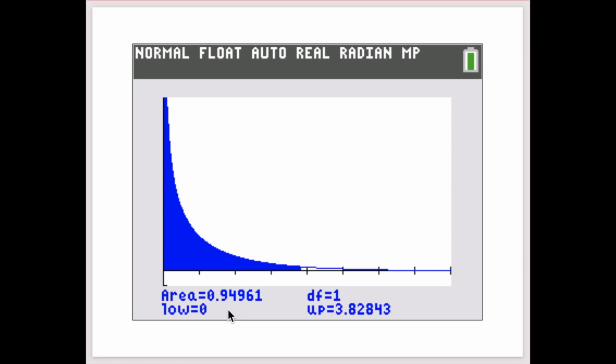If we go out 3 standard deviations on either side, then obviously, again, we stop at 0 here, but we go out to 5.24264, which is about right there. That would be 3 standard deviations to the right of the mean of 1. And that probability is 0.97796.